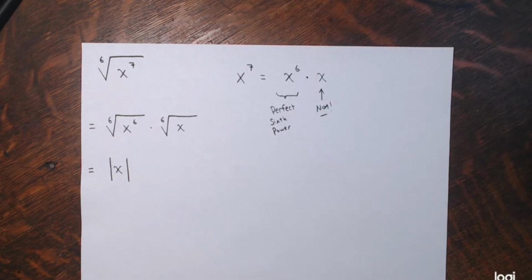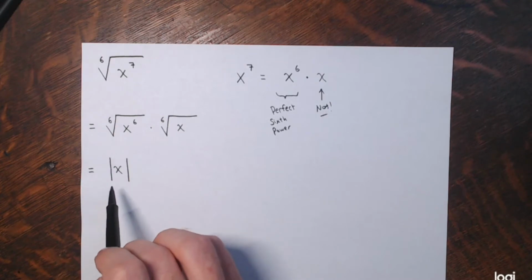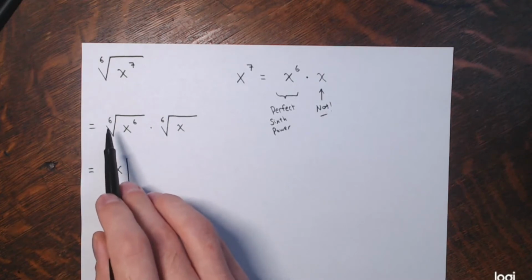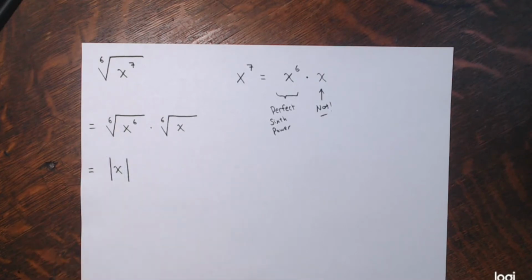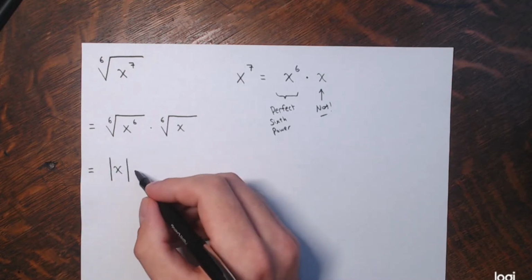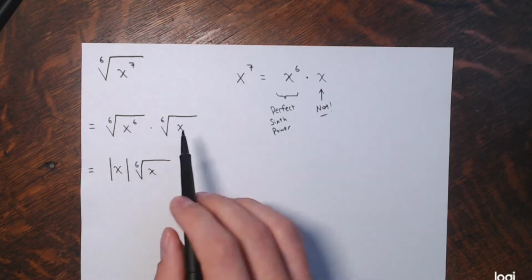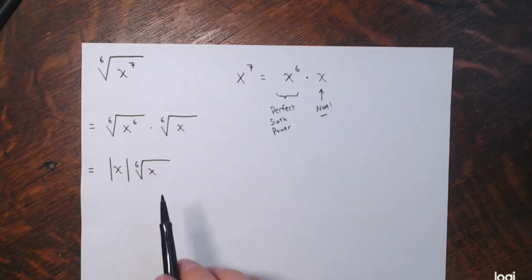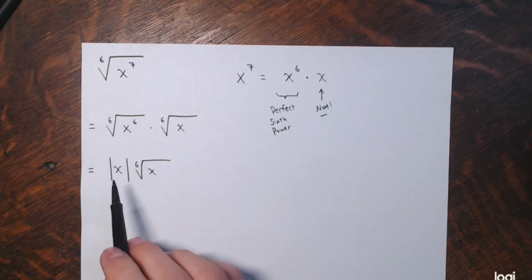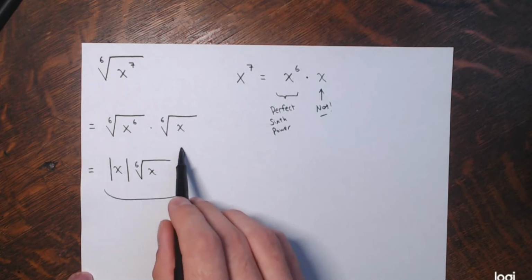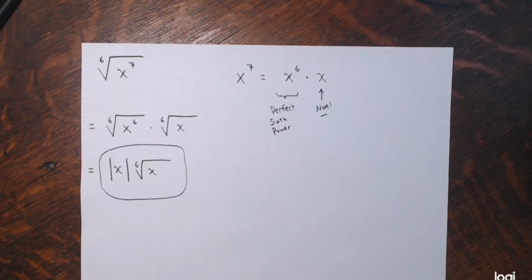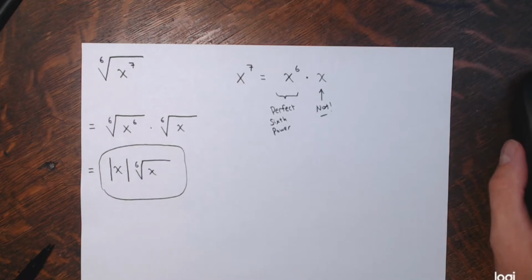And once again, you're only doing this for even roots. Odd roots, you don't need to worry about that. Times the 6th root of x, that root with the non-perfect powers, just leave it the way it is. So here is what I'm going to enter: the absolute value of x multiplied by the 6th root of x.